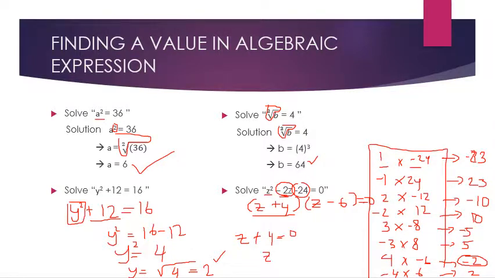So z equals, the opposite of addition of 4 is minus 4. Now the second one is z minus 6 equals 0. So z equals, the opposite of negative 6 is positive 6. So the value of z can be minus 4 and can be 6.